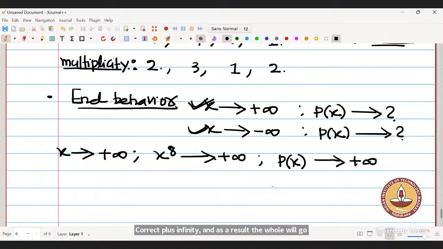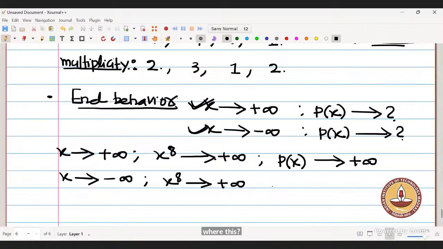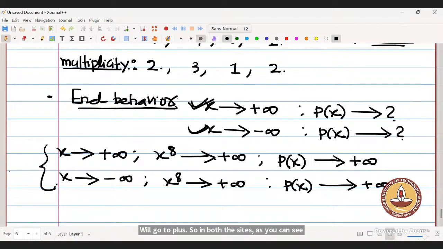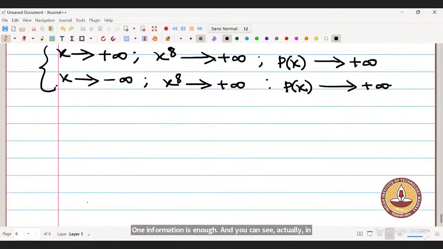And similarly, if x goes towards minus infinity, it again goes to plus infinity, and p of x goes to plus infinity. On both sides it goes towards plus infinity, and again we don't need both pieces of information. Now we can easily draw the graph of the polynomial.